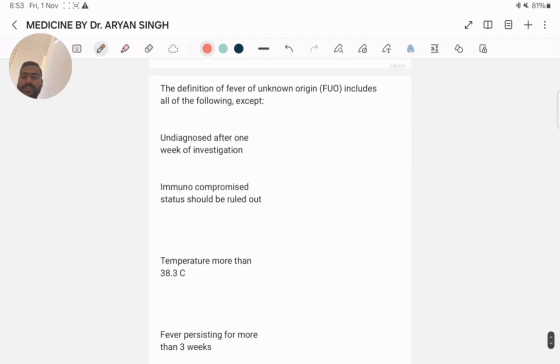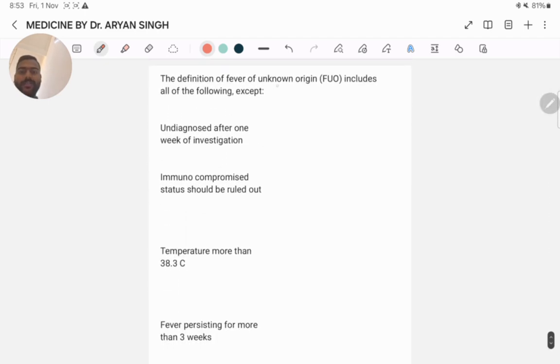Next question. The definition of fever of unknown origin, FUO, includes all of the following except: undiagnosed after 1 week of investigation. This one is the right answer, because the current definition of fever of unknown origin does not include undiagnosed after 1 week of investigation.